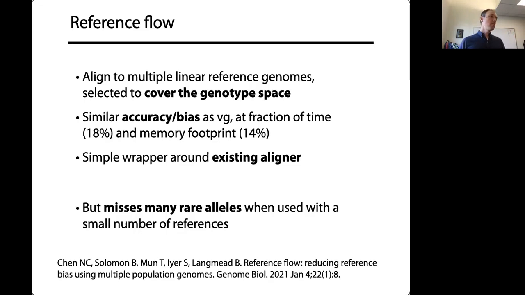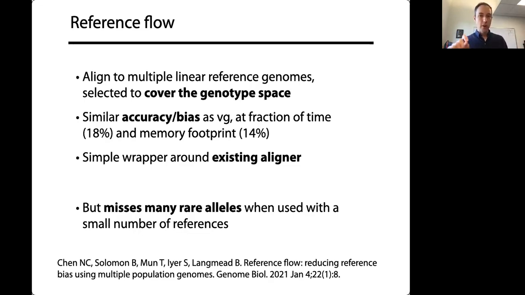So what this does is motivate a different space of solutions that I'm going to spend the next several minutes of the talk focusing on, where instead of using a small number of linear reference genomes, is there a way that we can use a large number of linear reference genomes? We can include many entire panels of human reference genomes in the process of trying to figure out where reads came from.